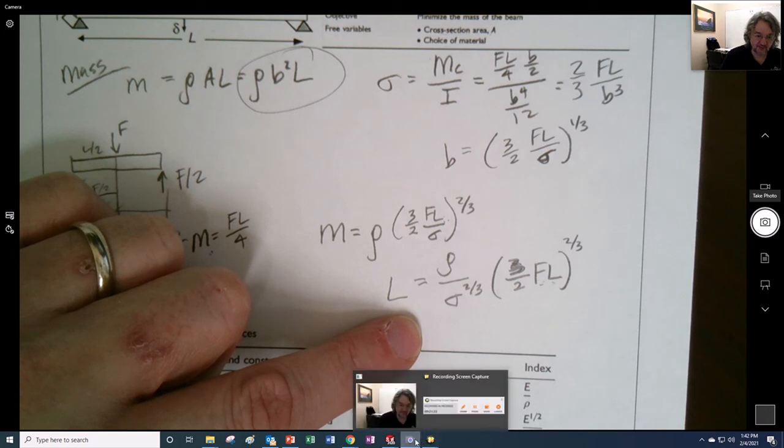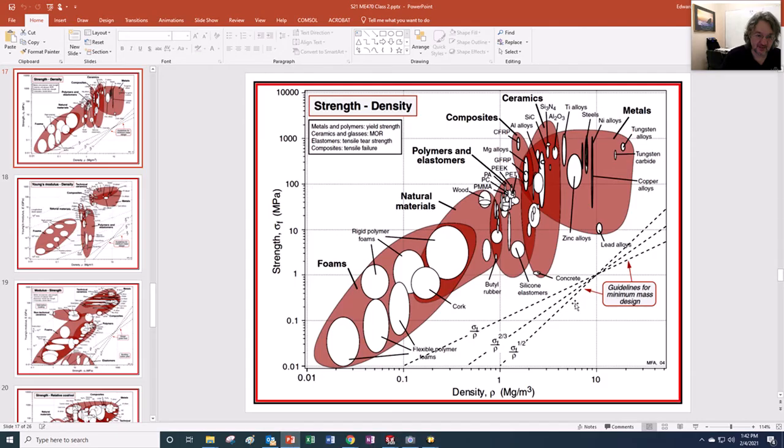So we could find a line, and we can narrow down and figure out what family of materials will satisfy and work for us along this line. So that's the big idea when it comes to trying to manipulate material selection.